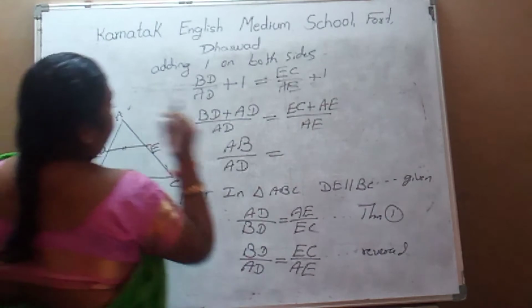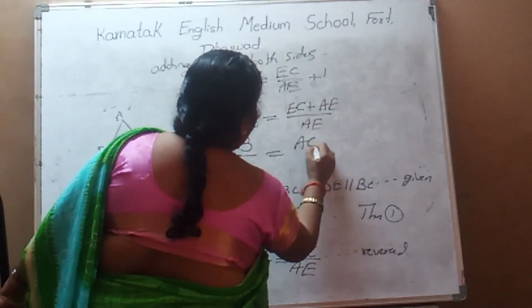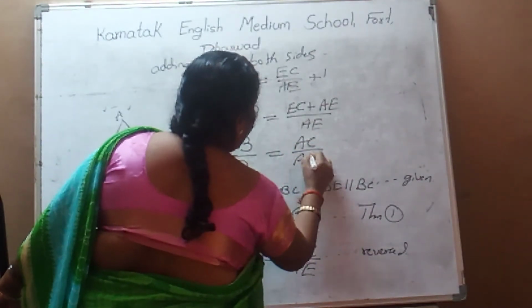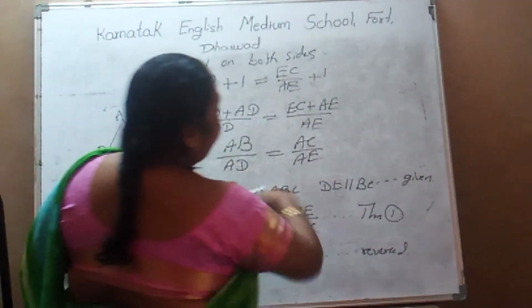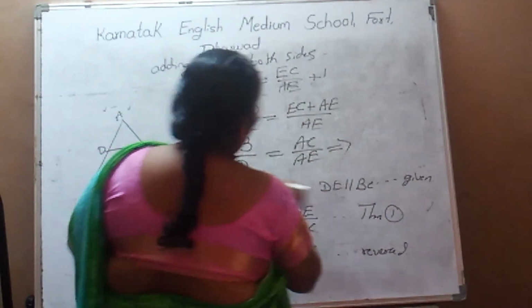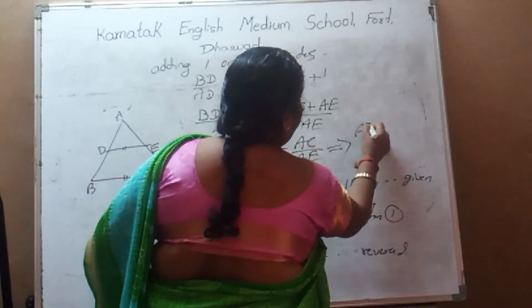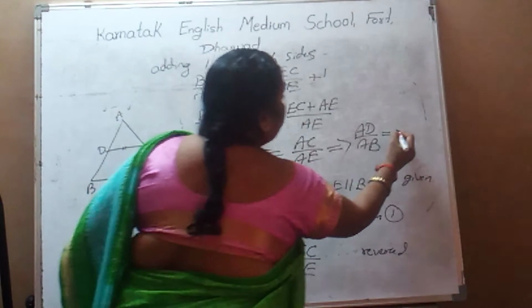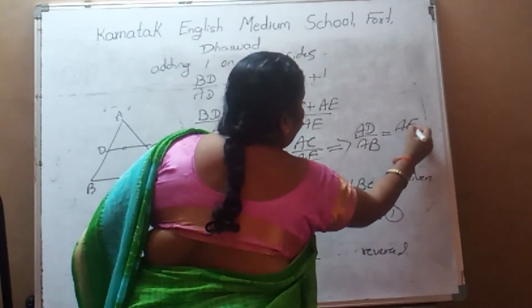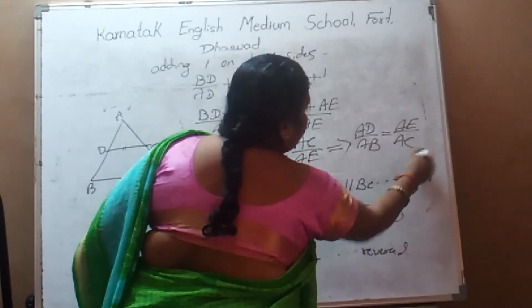What do you get? AC. AC upon AE. Reverse it and write: AD upon AB equal to AE upon AC. Proved now?